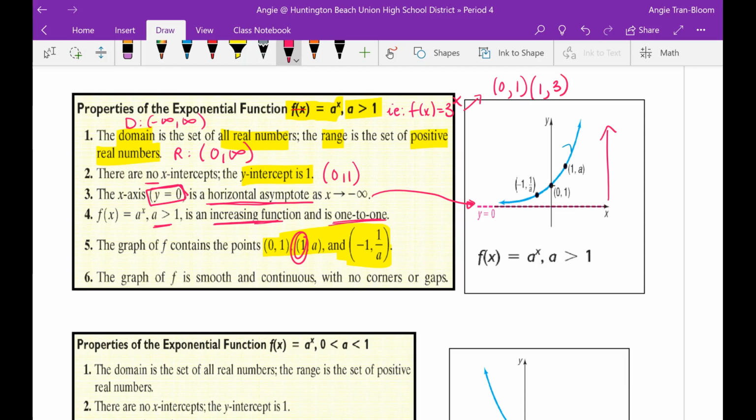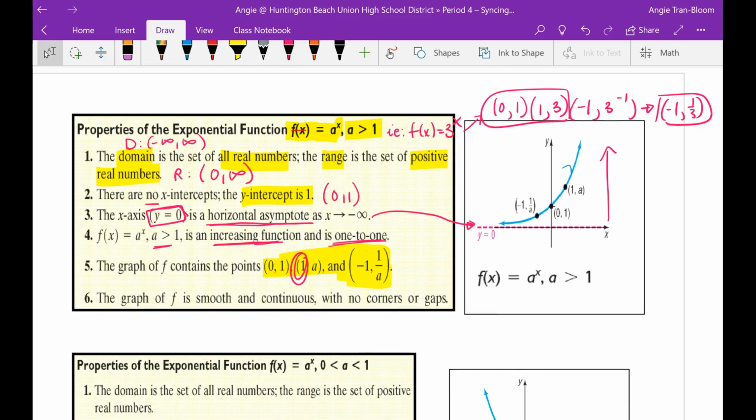That's why a is your base. Then when x is negative 1, 3 to the negative 1 is the same as 1 over 3. So these are the 3 points that you will be asked to start out with. A is the base of your exponential function.